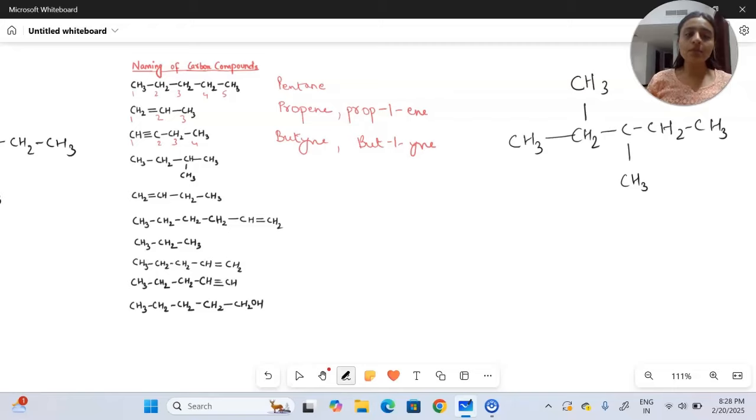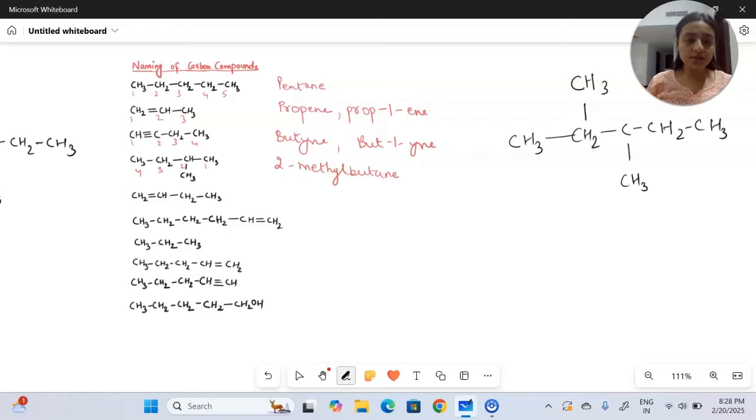Now we will see this one. You can see where the methyl chain is, and you're going to count from there only. So 1, 2, 3 and 4. So it goes like 2-methyl. And how many carbons are there in the parent chain? 4. So 2-methylbutane. Alright.